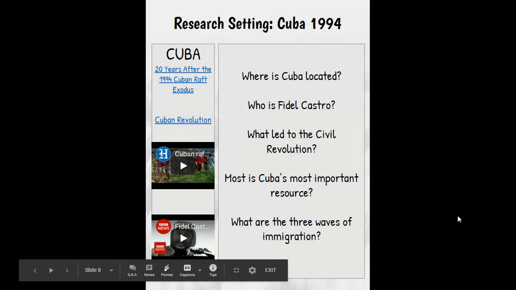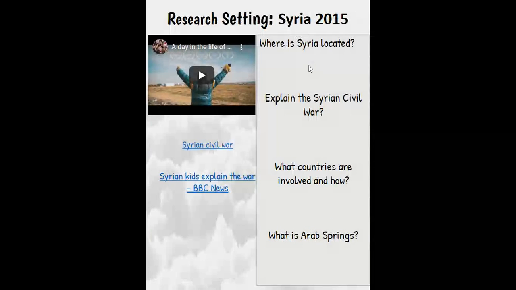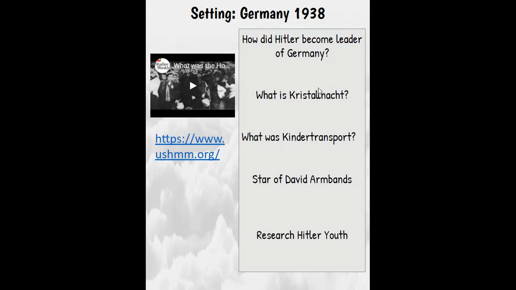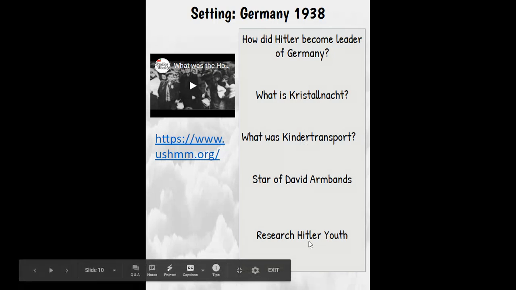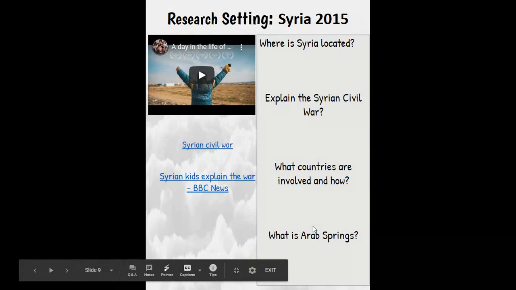Okay, so then the three different places that we'll be researching are Cuba, Syria, and Germany. And so you can add slides if there's not enough room here. This is the United States Holocaust Memorial Museum, which is a good website for you to use to find this information.